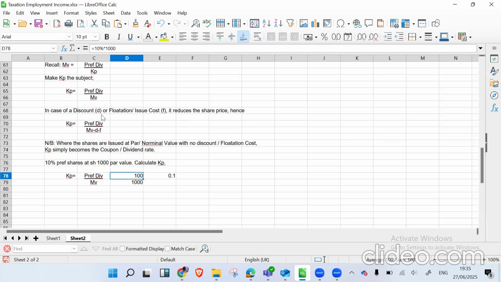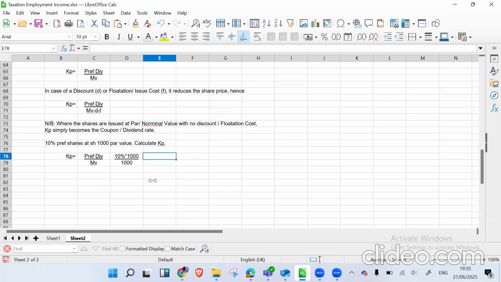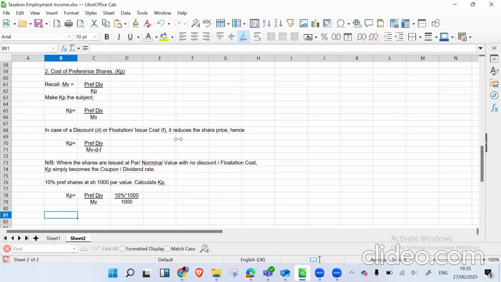Hata kwa hesabu ya kawaida, 1,000 and 1,000 would cancel out, tunabakisha 10%. So if the shares were issued at par, hakuna discount, hakuna flotation cost, coupon rate or the dividend rate ndo inakuwa KP. And that is very important. So that is for the preference shares.